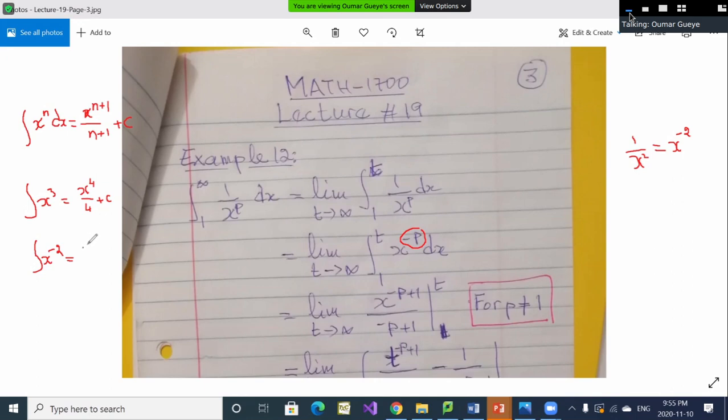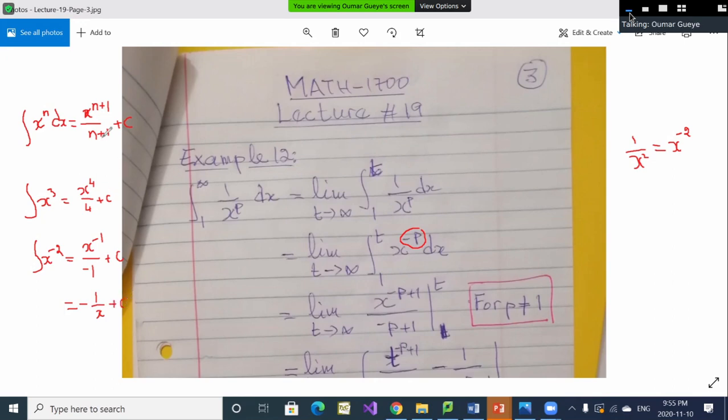It becomes x to the power, you substitute n by -2, it's going to be -1 over -1. Because in this example that I'm doing, my n equal to -2. So -2 plus 1 is going to be -1.